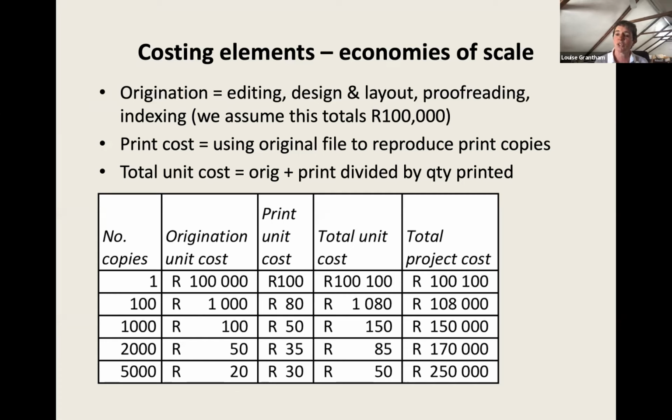So our project cost has gone up to 250,000 Rand. So in capital outlay, we're now spending 250,000 Rand, but we have a book with a unit cost of 50 Rand, which is definitely more manageable and looks like a better base cost to start marking up a book for the retail channel. But you can see the effect of quantity on a basic costing from this.